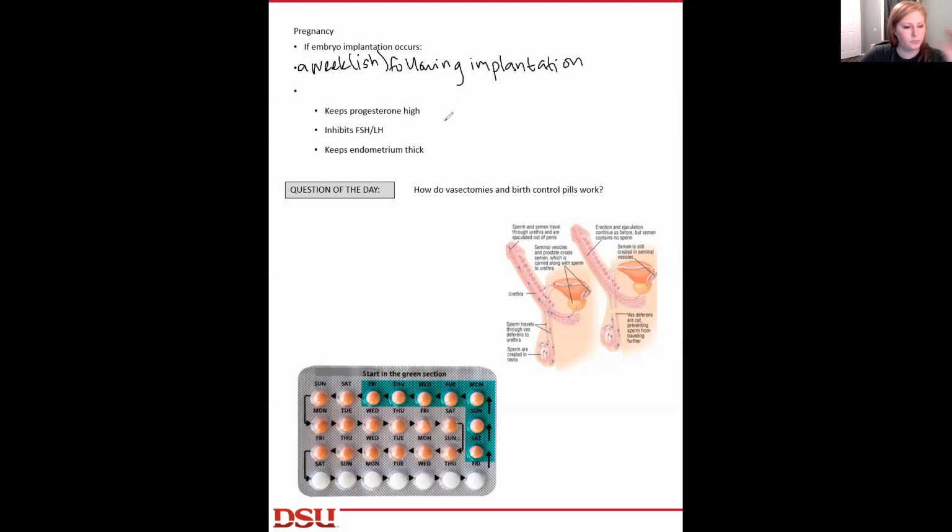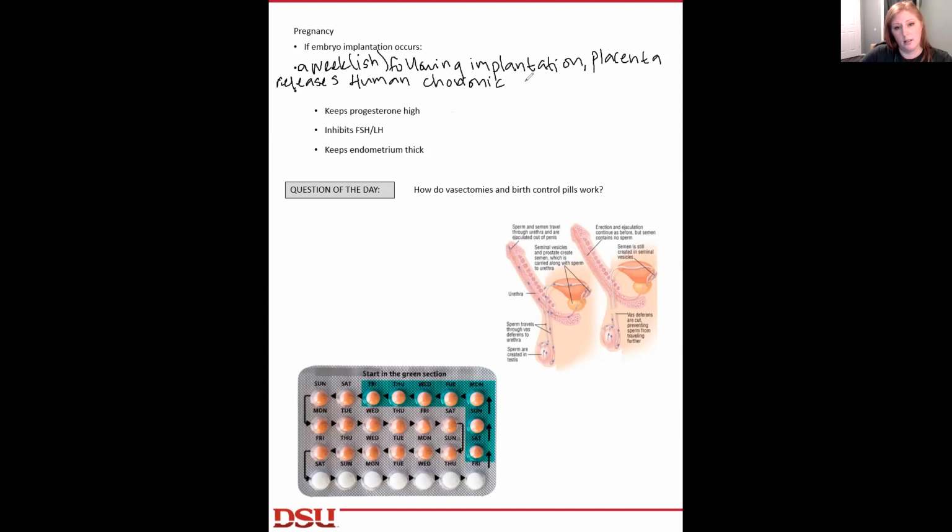We have the development of the placenta, which releases human chorionic gonadotropin, or HCG.